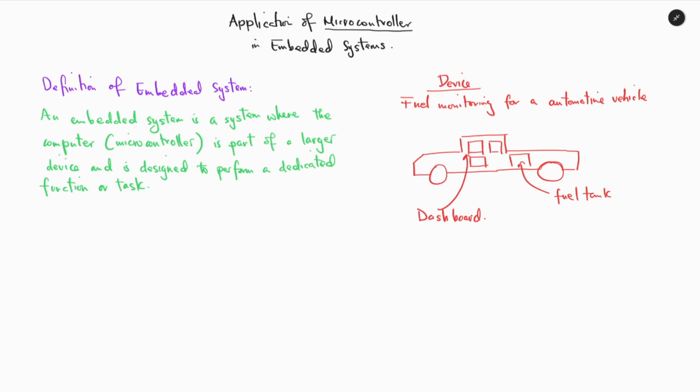And we can now see that if we want to design a device that monitors the fuel of this vehicle, we can have what is called the fuel tank, and we have the fuel dashboard.